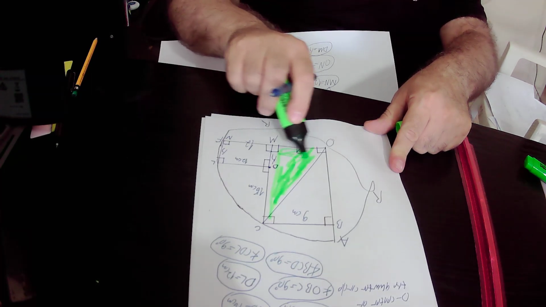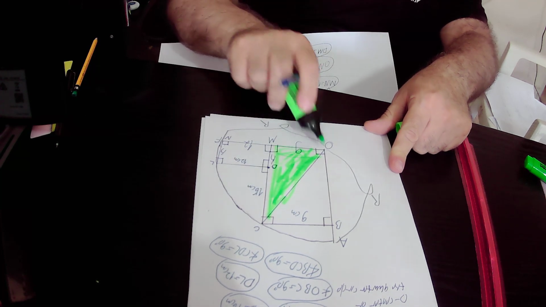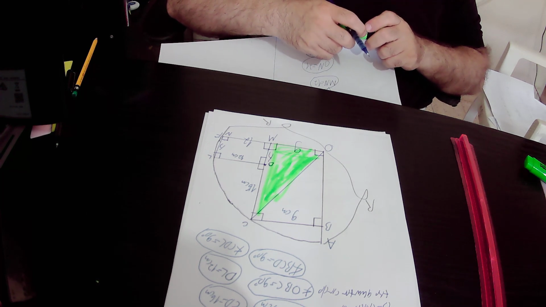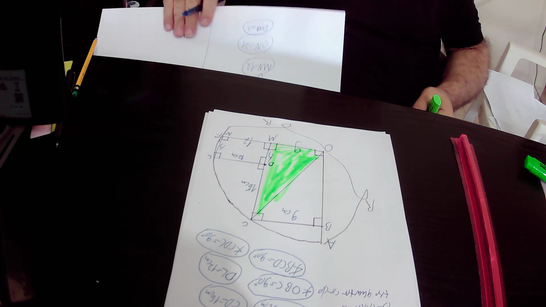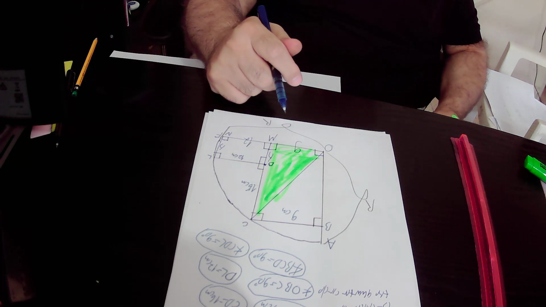But what is the definition of line segment OC? It is the hypotenuse of the right triangle OMC. It is one thing, but line segment OC is also another thing.